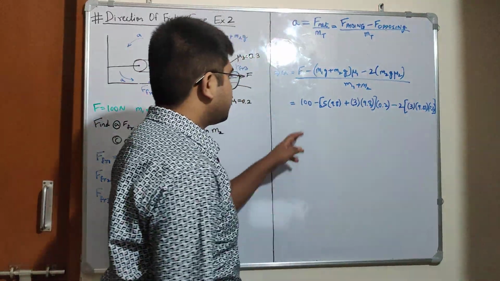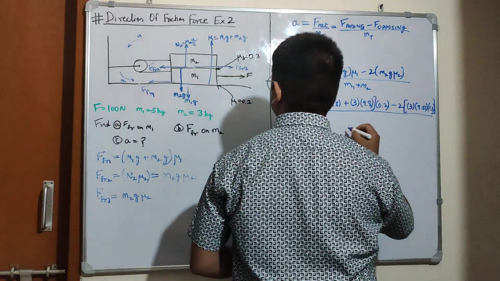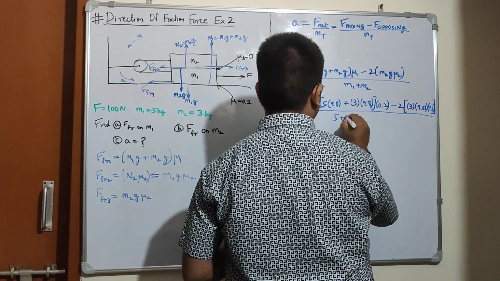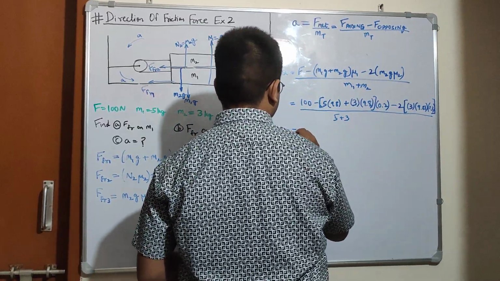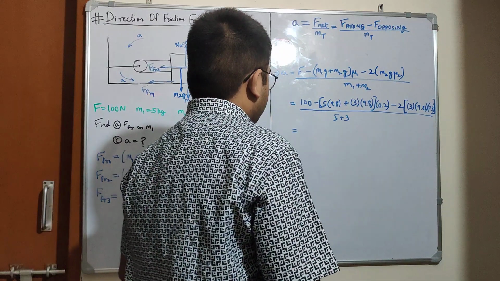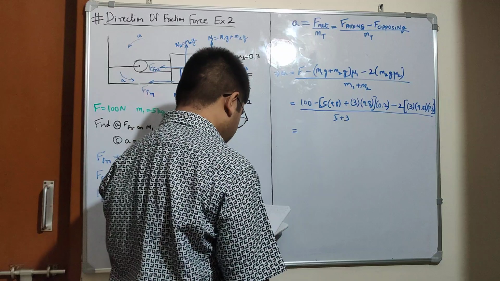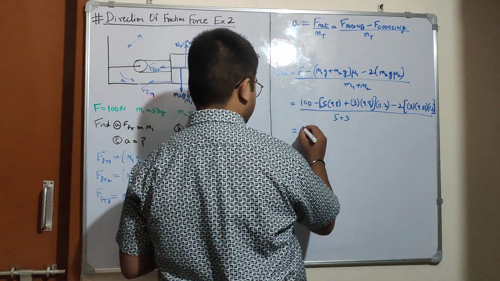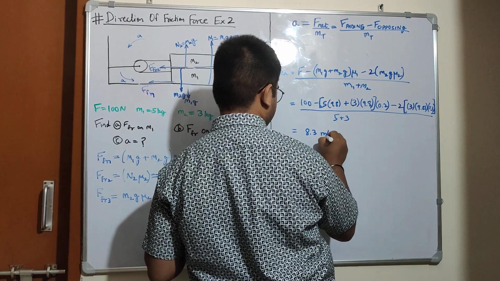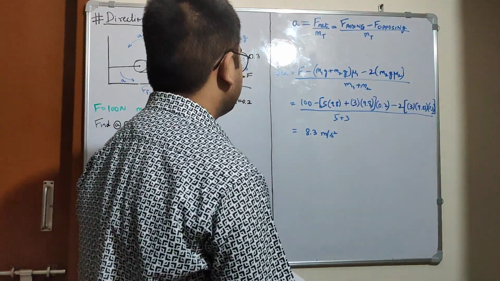So this is our acceleration, whole divided by 5 plus 3. If we calculate this, it will come to 8.3 meter per second square. So this is the acceleration value.